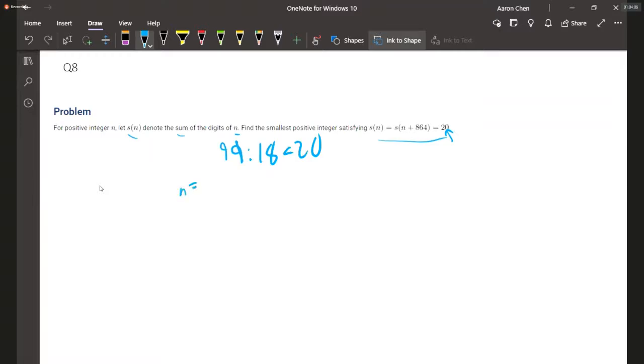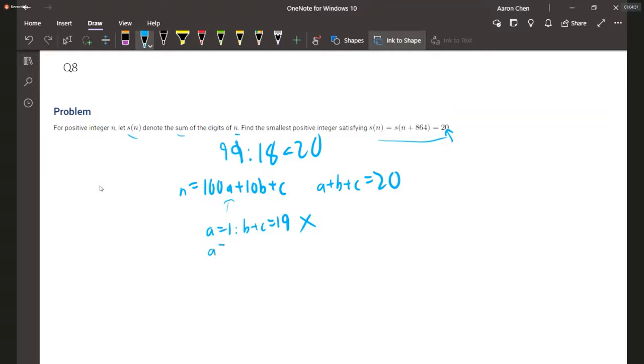And so let n equal 100a plus 10b plus c. And so clearly the sum of the digits of n is a plus b plus c, and you're given that this is equal to 20. And so now we can just first take a look at if it's possible for the 100th digit to not carry. And so if a is equal to 1, then you have that b plus c is 19, which cannot hold true for any 3-digit numbers.